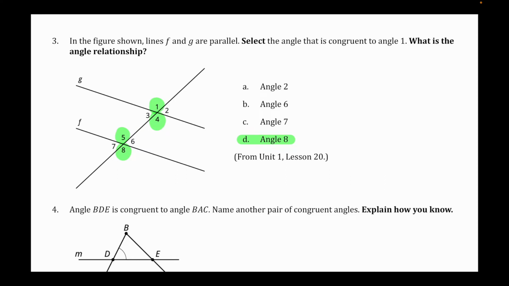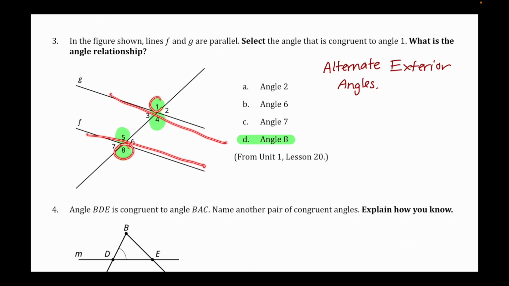Now, what is the angle relationship? 1 and 8 are actually alternate exterior angles. And that comes from alternate being on opposite sides of the transversal right here, and then exterior because they are both outside the sandwich of these parallel lines.